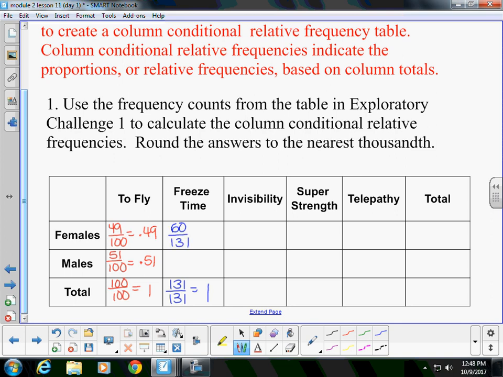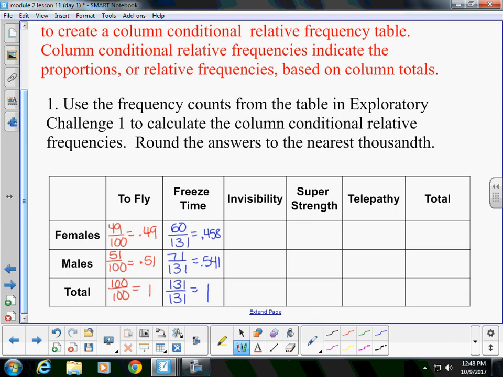And males was 71, so we'll take 71 and divide it by 131. And this is how you do column frequency, or conditional frequencies. That one comes out to 0.458, and this one comes out to 0.541.